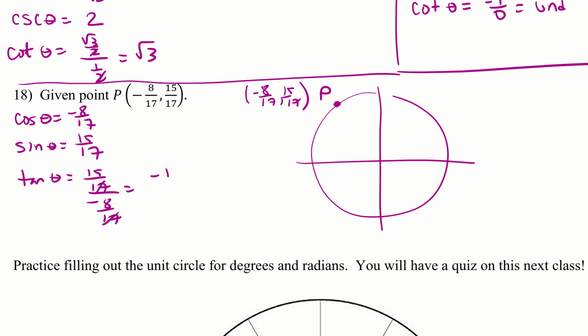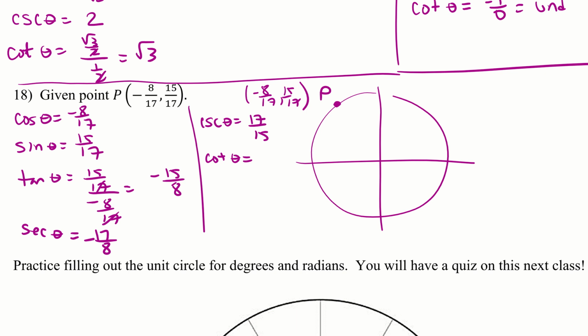Please put the negative either out front or on the numerator rather than leaving it on the denominator. The secant is the reciprocal of the cosine. Again, the negative should be out front or on the numerator. The cosecant is the reciprocal of sine. And the cotangent is the reciprocal of the tangent. Since this is already simplified and it doesn't have any radicals, it's easy for me to just flip that.